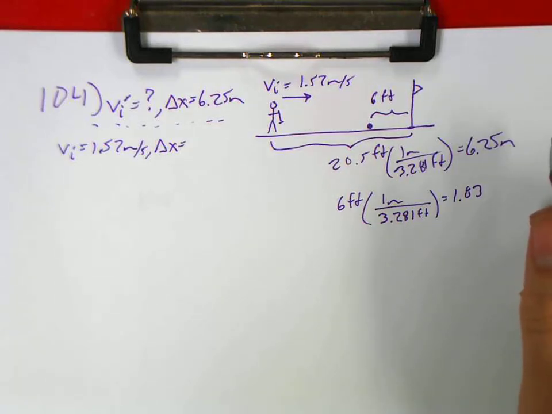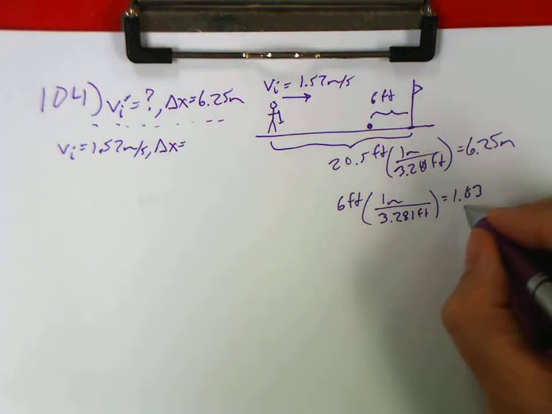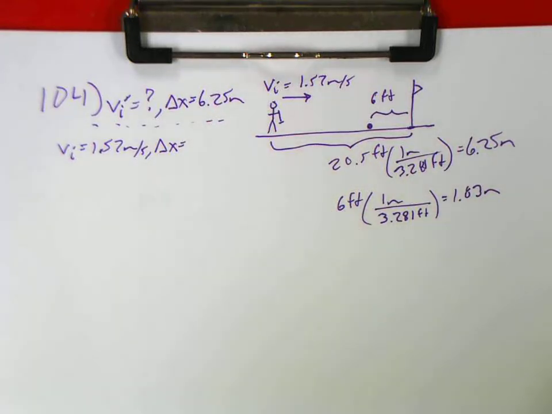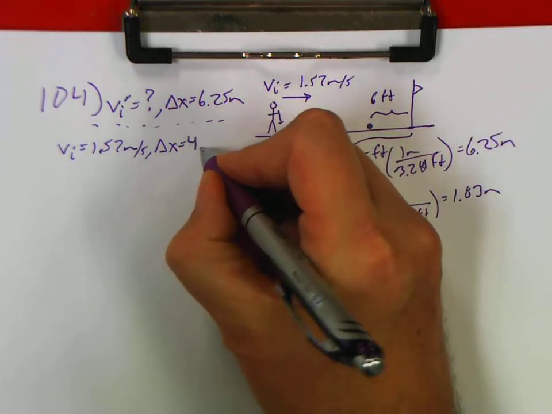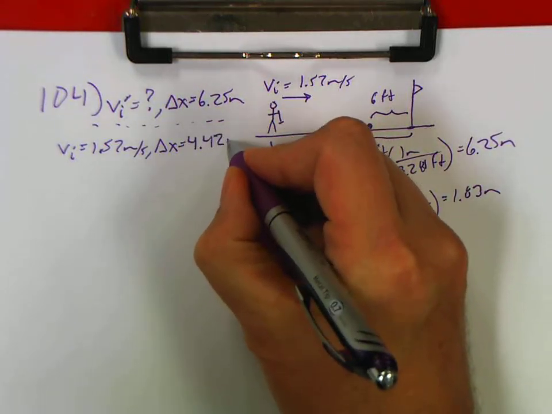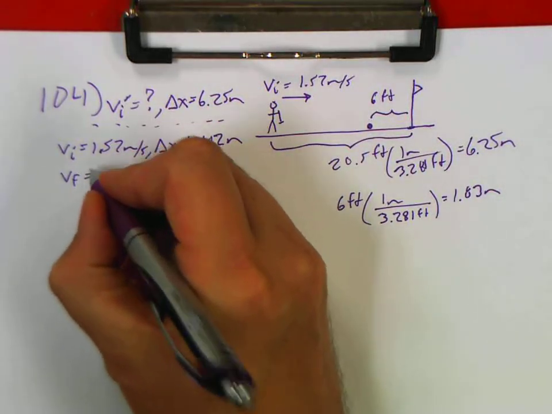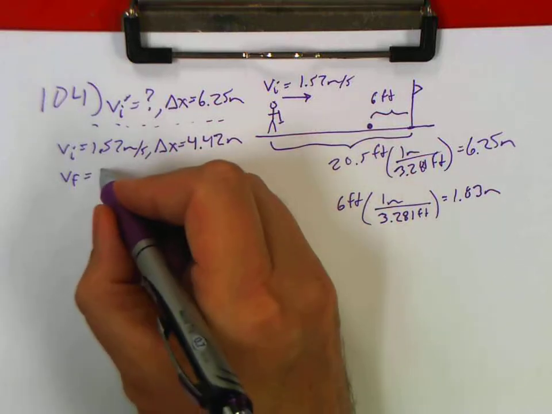Looking back at the problem, it said 6.00 feet, so I do get 3 sig figs. 1.83 meters, so that means that this displacement is 6.25 minus 1.83, and so it's 4.42. 4.42 meters, and V final is equal to 0.